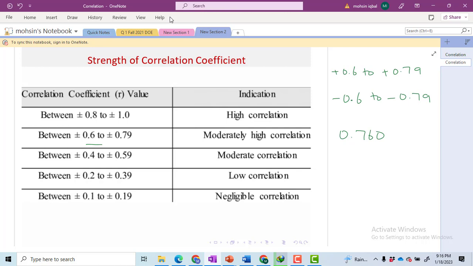So these values have been given for both positive correlation and negative correlation. However, our correlation value is found to be positive, so it lies in this range, and we can say that our correlation coefficient is a moderately high correlation. So we can say that there is a moderately high correlation between the house area and the house price.